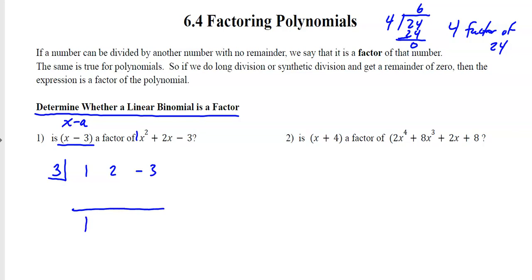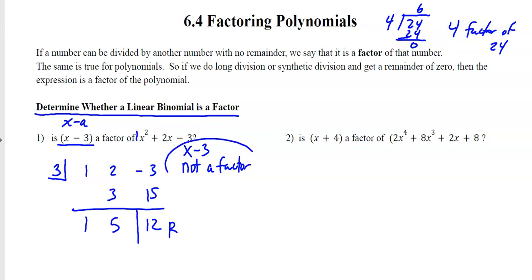So we play the game, slide the 1 down. 3 times 1 is 3. Bring it up, add, multiply, add. And it looks like we do have a remainder of 12. So we know that x minus 3 is not a factor of that polynomial. So it's not a factor. We're looking to get a 0 for a remainder.